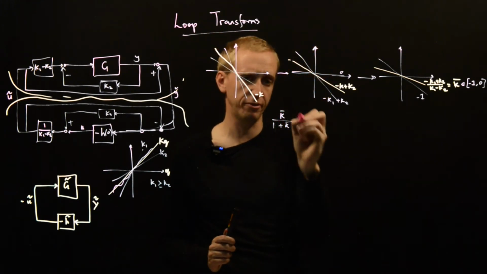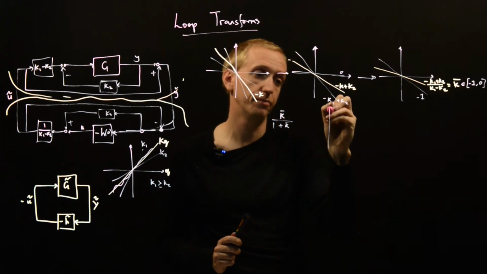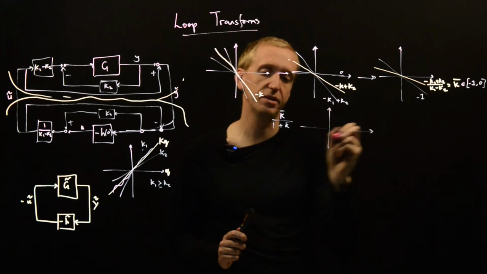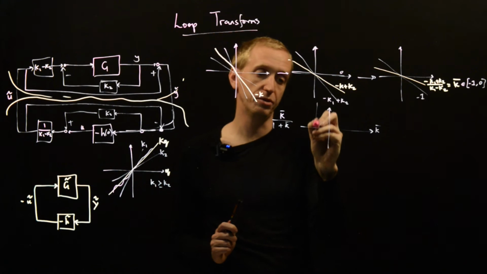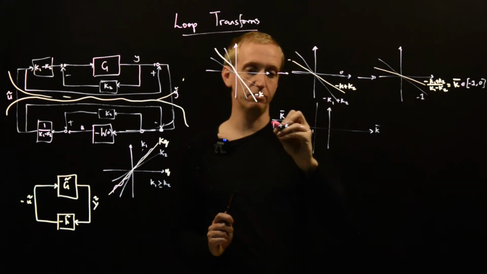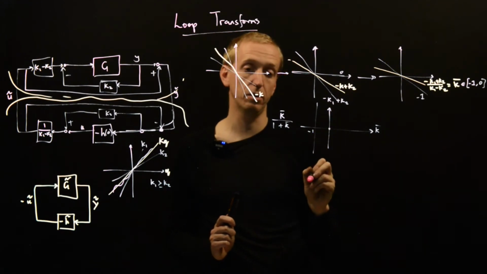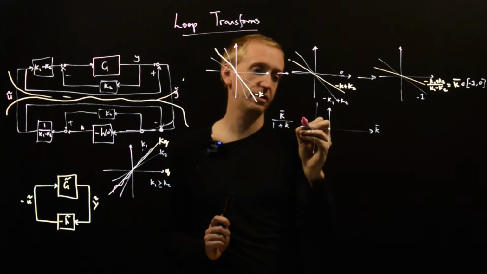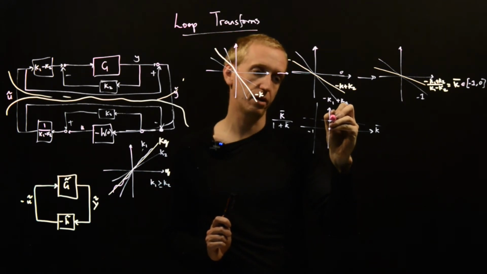So let's just graph this as a function of k bar. And what do we get? Well, if we put k bar equal to -1, we get some asymptote. If k bar is equal to 0, our function is equal to 0. As k bar goes to infinity, we go to 1 here. So that's our height 1.